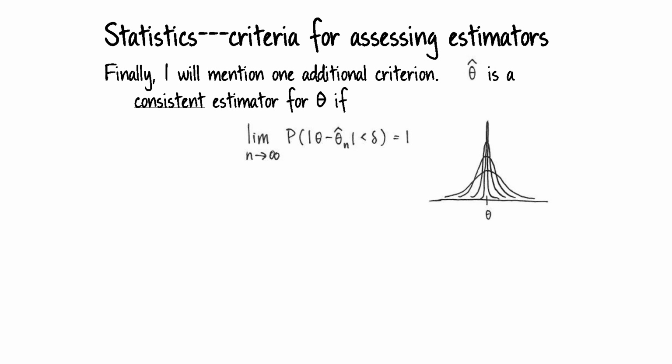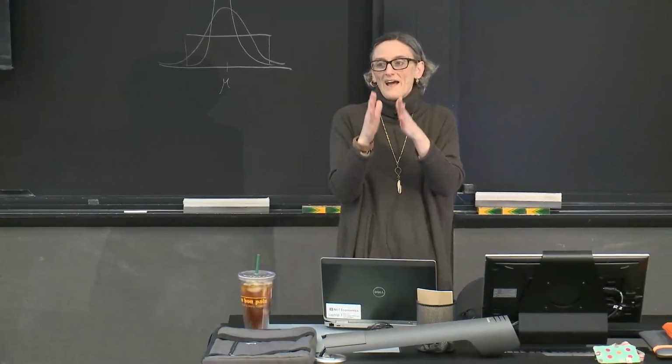So this is what a consistent estimator looks like as n goes to infinity. I've drawn this one to be unbiased for all n. It doesn't have to be unbiased, but that's just the way I drew the picture here. You have an estimator with a distribution, and as n goes to infinity, the distribution is getting more and more concentrated around the true parameter, and in the limit, it collapses to a single point at the true parameter.